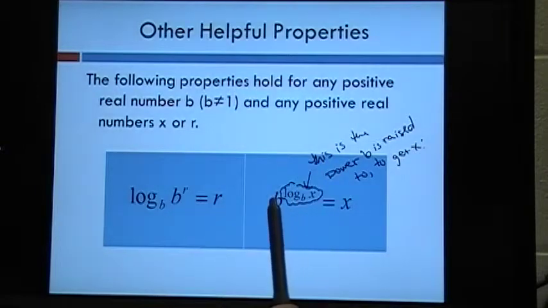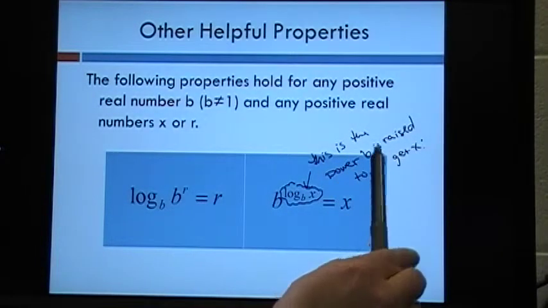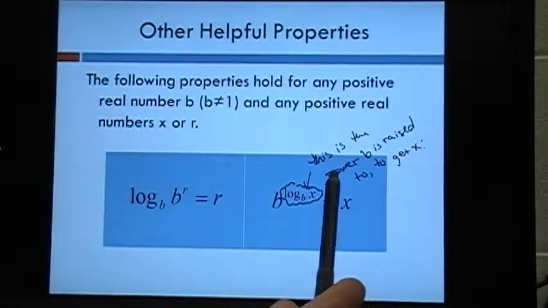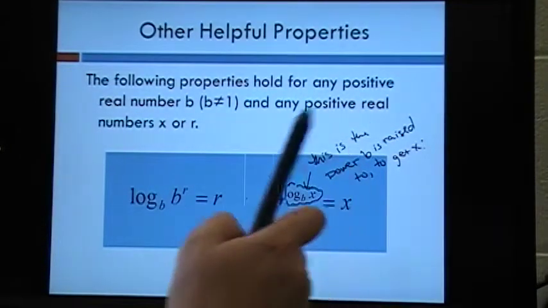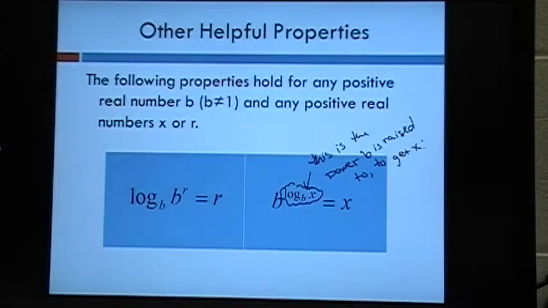And so if I take b and I raise it to the power b is raised to get x, I am going to get x. And sometimes that takes a little bit of thought. So if you're not getting it right now, just kind of think on it a little bit and hopefully it'll come.